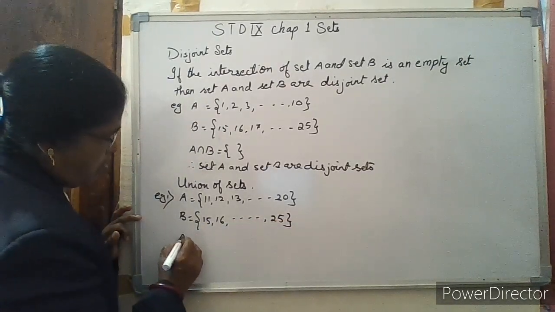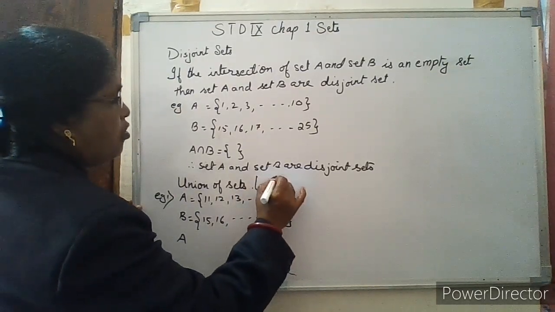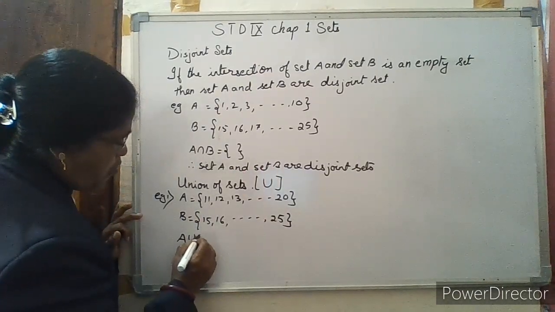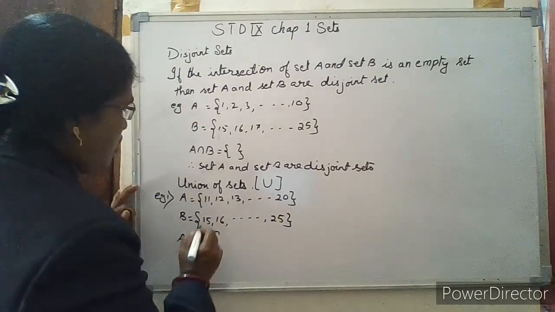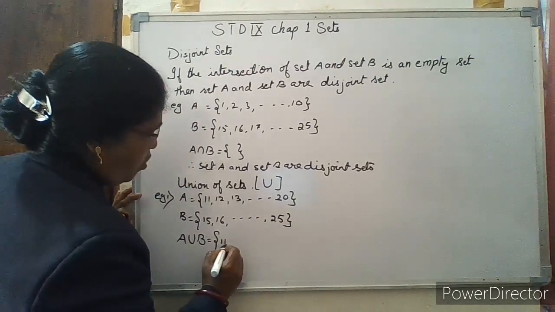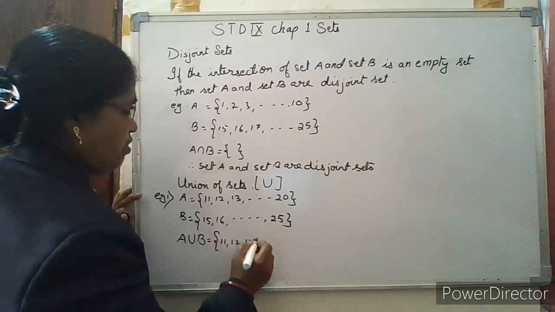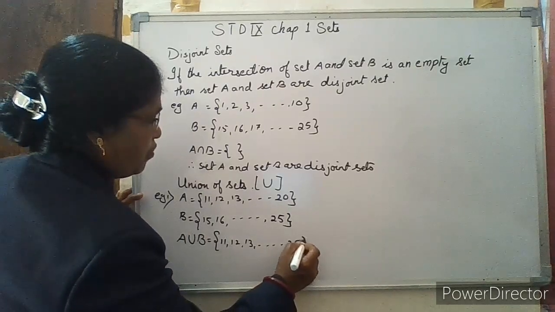Then A union B, where the symbol is just U, contains all the elements 11, 12, 13, 14, 15, 16, 17, 18, 19, 20 up to 25.